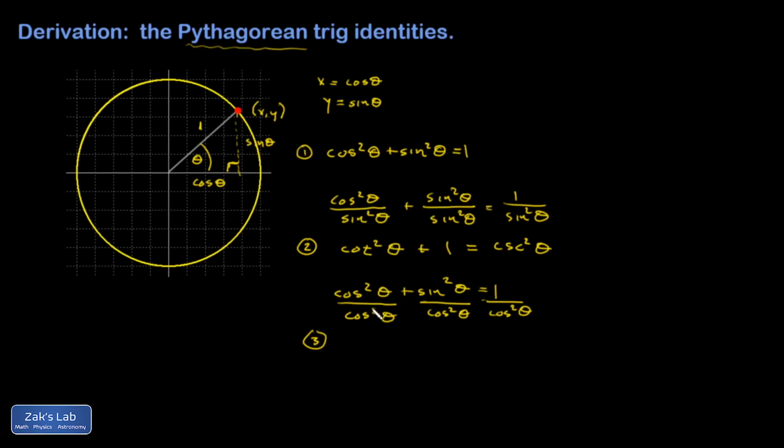We have other names for these things. So cosine squared divided by itself is 1. Another name for sine over cosine is tangent, so I end up with tangent squared. 1 over cosine is the secant, so I have secant squared. So there's our set of 1, 2, 3 Pythagorean identities.